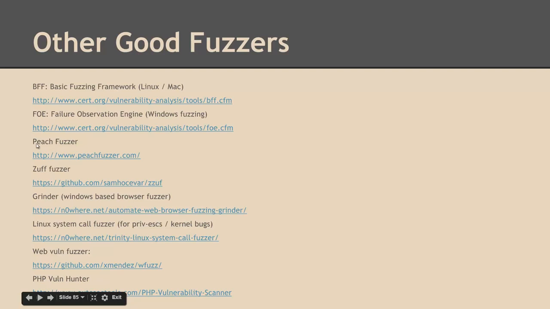Perhaps the most popular would be Peach Fuzzer. There's also BFF and FOE out of CERT. There's Zzuf fuzzer, Grinder, which is Windows-based browser fuzzing. There's a Linux system call fuzzer from nowhere.net. There's many web fuzzers. There's a PHP Vuln Hunting 1.2.